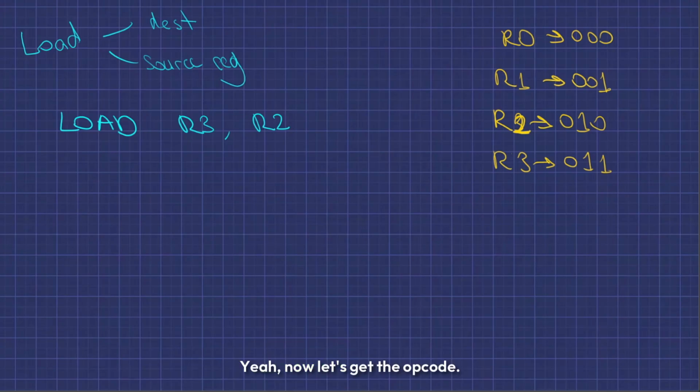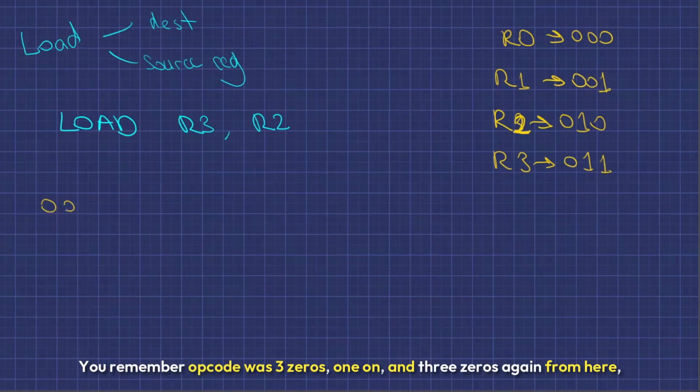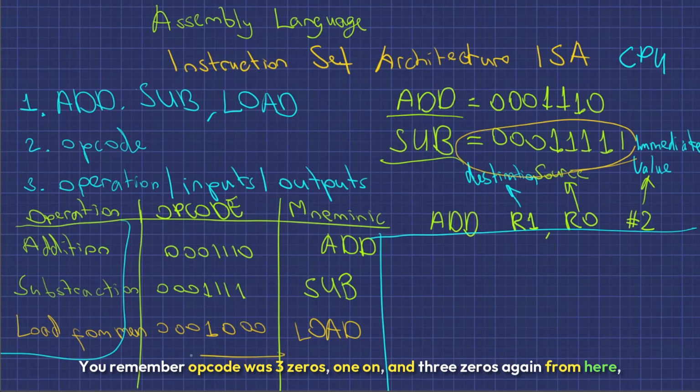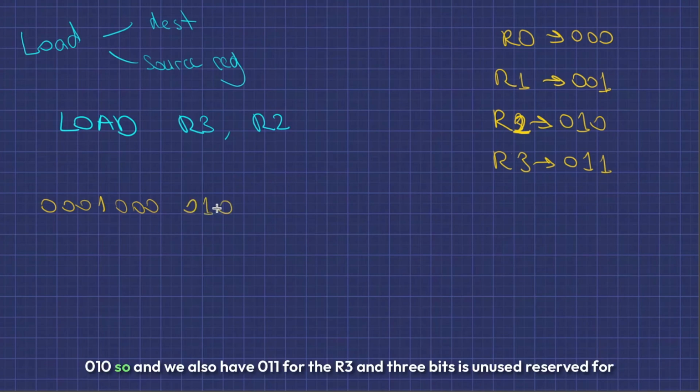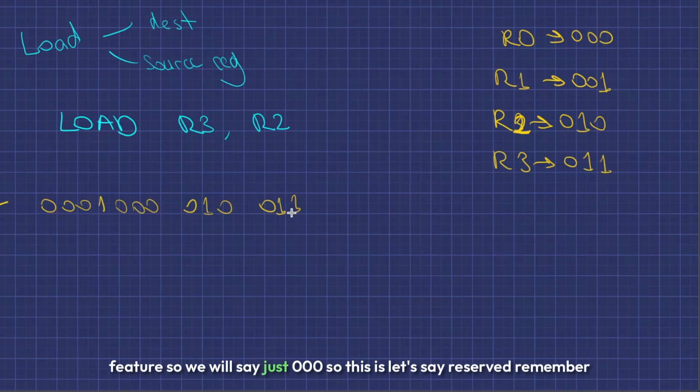Now let's get the opcode. You remember the opcode was 3 zeros, 1 one, and 3 zeros again. So here we have 010 for the R2, and we also have 011 for the R3, and 3 bits are unused, reserved for the future, so we will say just 000.